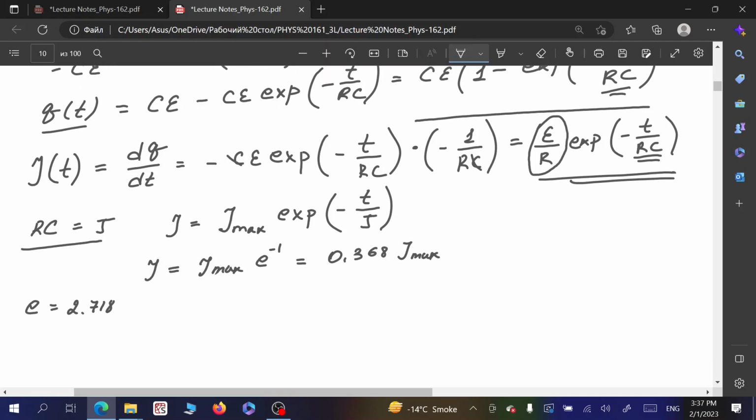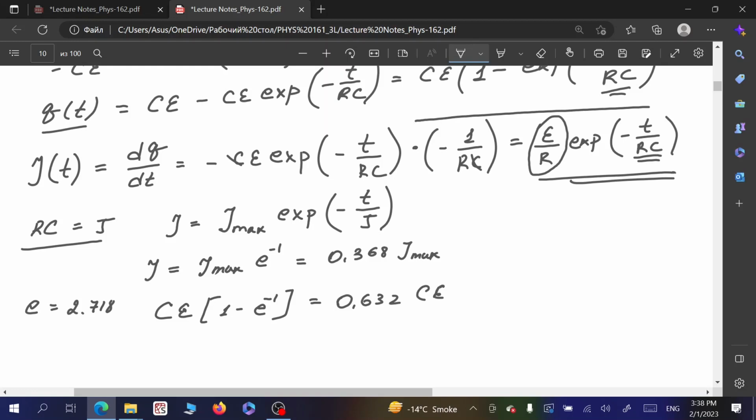So we can write that over this time interval, at tau, the electric charge will reach 1 minus e to the minus first power, and that is equal to 0.632 C epsilon.